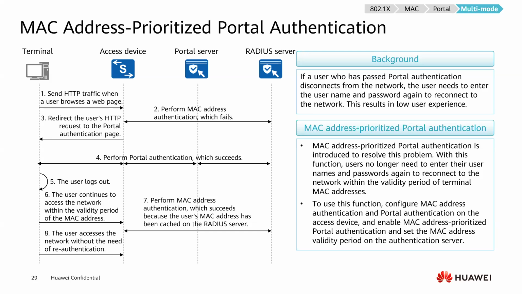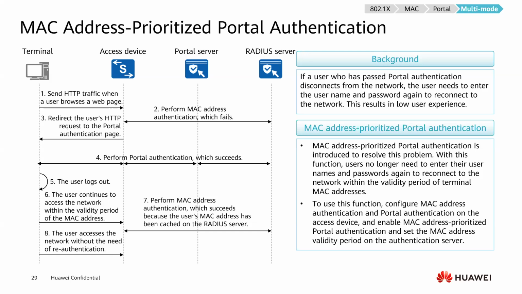In this case, if the terminal wants to connect to the SSID and the resources again, you need to enter the username and password again, right? So it's hard for users to do so. In this specific scenario, we can use this kind of authentication.